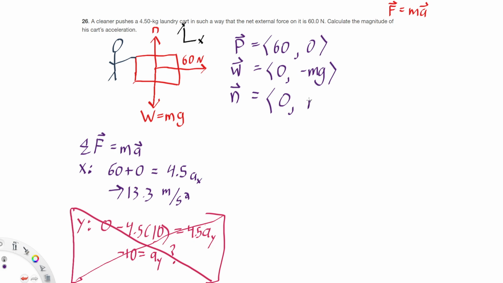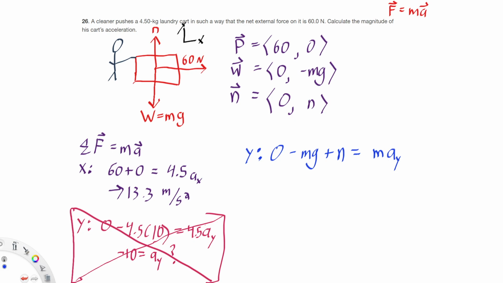So we're just going to go ahead and specify it like this. And then if we reanalyze what's going on in the y direction, we write down the sum of forces. So we have 0 minus mg plus n equals mass times acceleration in the y direction.